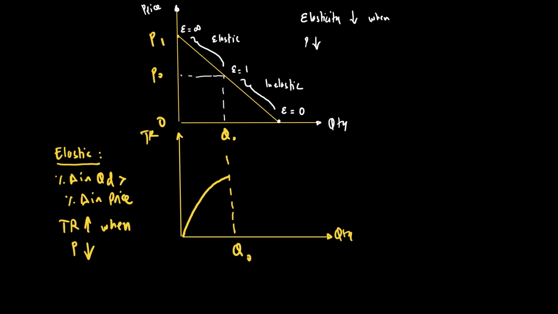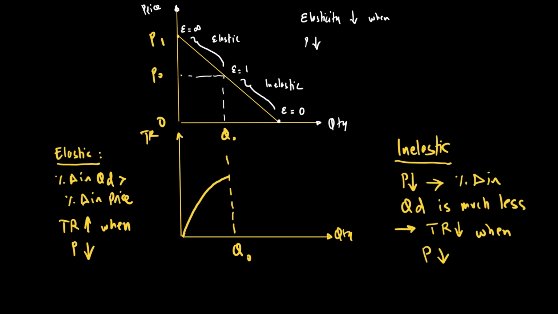If the good is actually inelastic, which is the lower half, what if I keep on lowering my price then? Well, if the good is inelastic, when the price goes down, the percentage change in quantity demanded is much less. So the quantity goes up by much less, leading to a fall in total revenue.